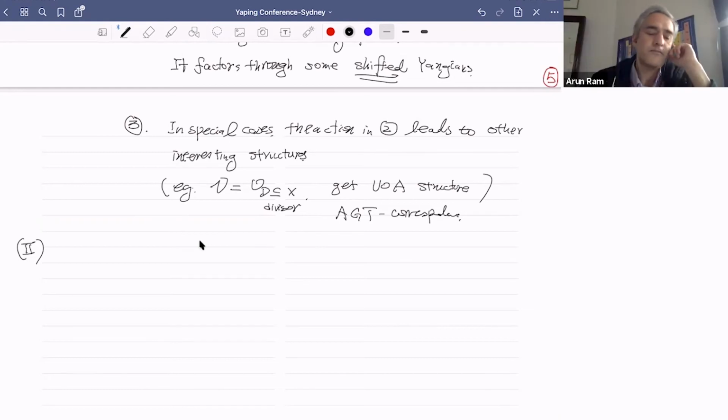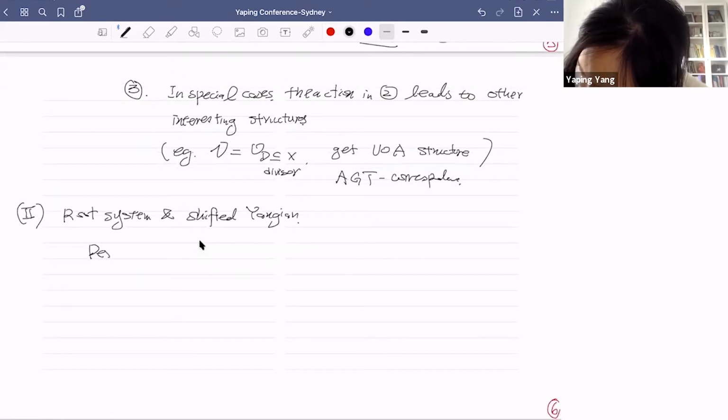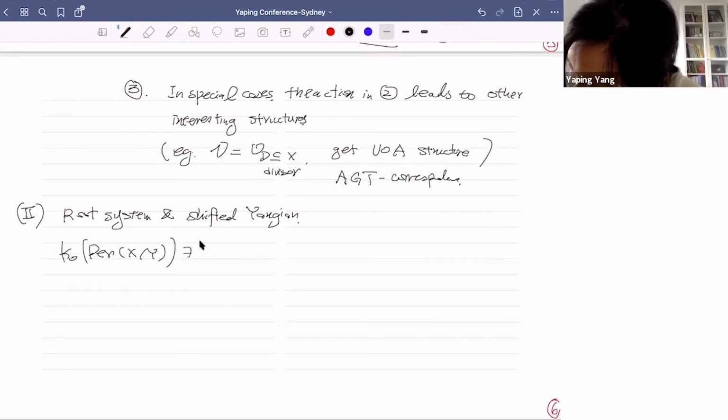Great, thank you. So let me say some words about the root system and the shifted Yangian. In these perverse coherent sheaves, if I look at the Grothendieck group, I can pick a set of simple objects, which I call S_i.